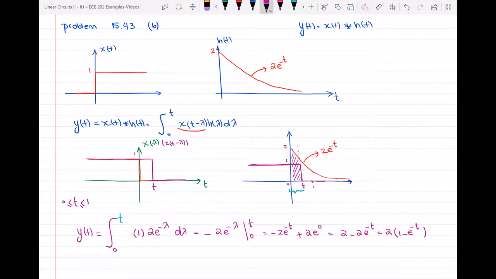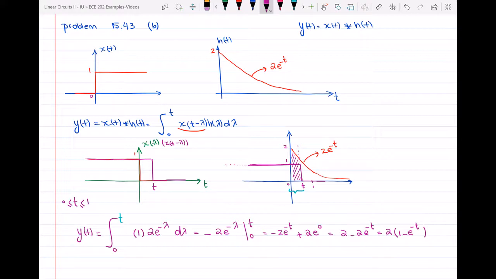So if you go back here at x of t, you know that u of t is equal to 0, but after t equal to 0, it's always equal to 1, all the way to infinity. So if I mirror it, you see that this function has that infinity part over here, right? So this will always be equal to 1. And then at the same time, 2e to the negative t will continue until infinity. Why? Because if t goes to infinity, then that function will be equal to 0.